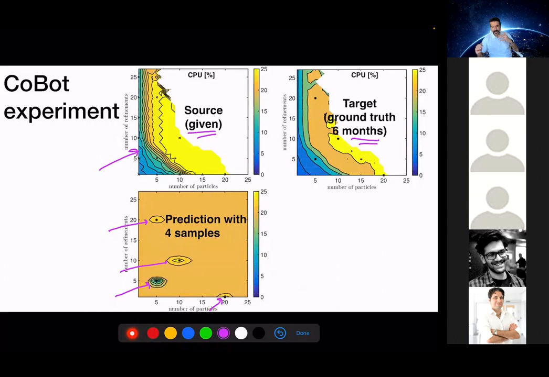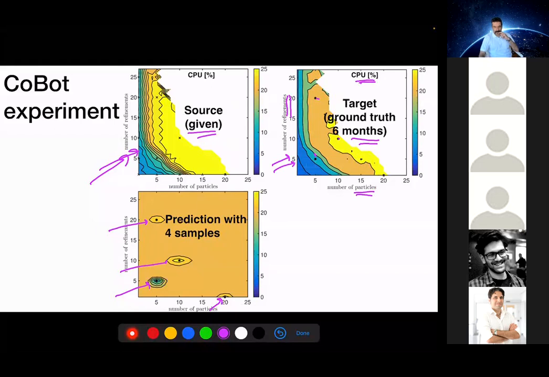We wanted to see, given this source environment, whether we can predict this target environment quite well. And then we used 4 samples from this target environment and used some sort of modeling to see whether we can predict this landscape well or not, right? And to clarify, the x-axis is the number of particles, the y-axis is the number of refinements, and the z-axis is basically CPU percentage, an approximation of energy, right?